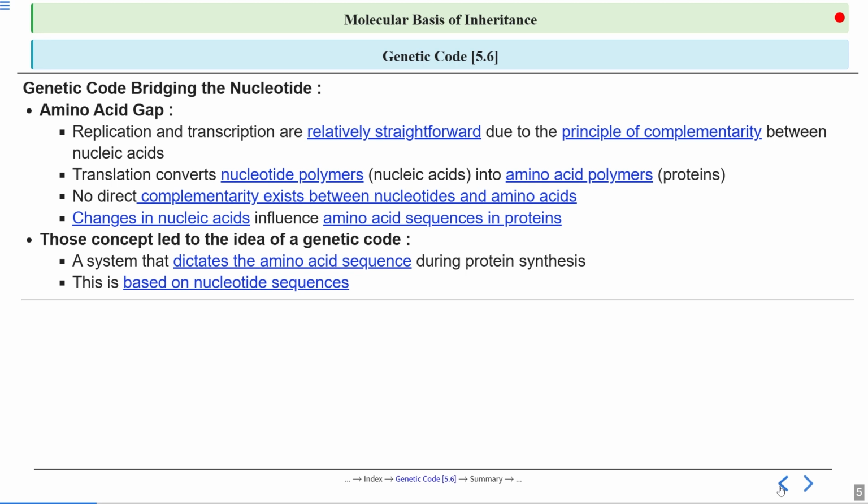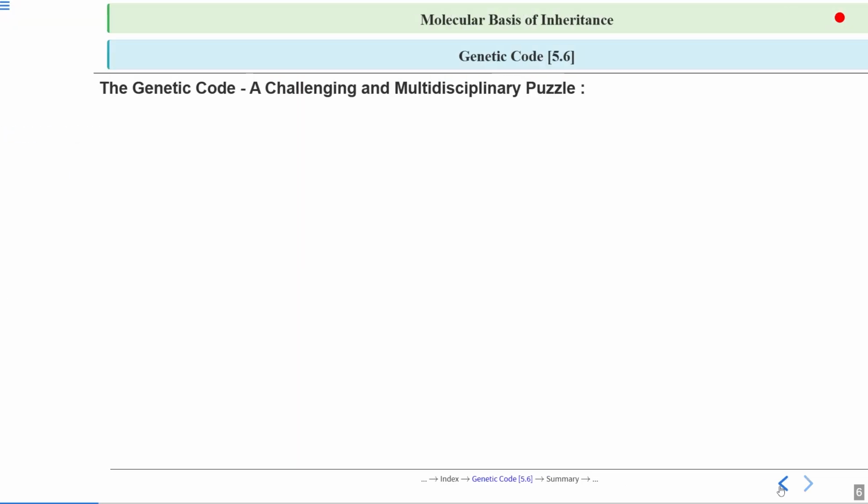Amino acid sequences in protein. So this concept led to the idea that there is something we call genetic code that tells, during protein synthesis, what the amino acid sequence is going to be. And this was based on nucleotide sequence also.